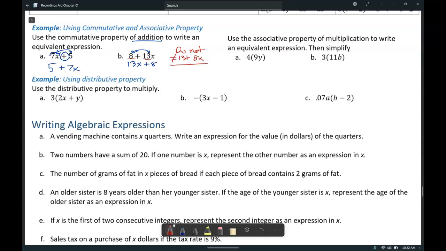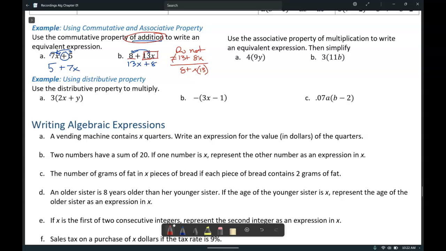The second thing you do not want to do is change the order of the values within the multiplication, because now we're applying the commutative property of multiplication. If it asked for multiplication, we could do that, but it's not. So we just want to make sure that we're not writing it as 8 plus x times 13. While it is an equivalent expression, it did not apply the commutative property of addition.